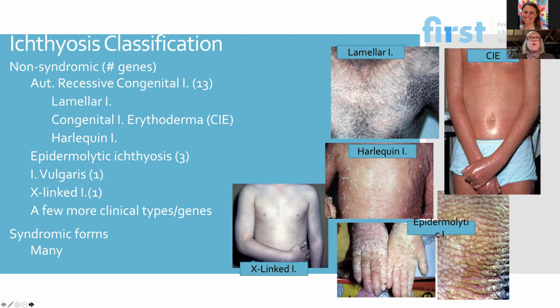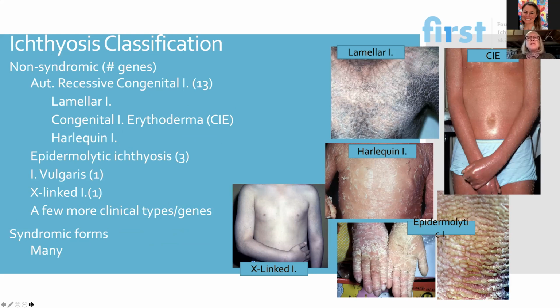The first type is called autosomal recessive congenital ichthyosis, or ARCI. This type itself is made up of three clinical subtypes: lamellar ichthyosis, congenital ichthyosiform erythroderma, and Harlequin ichthyosis.